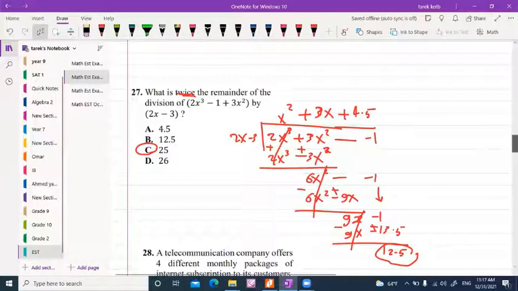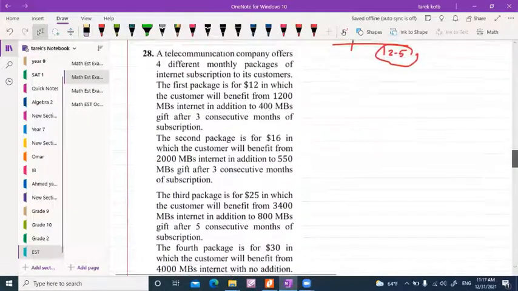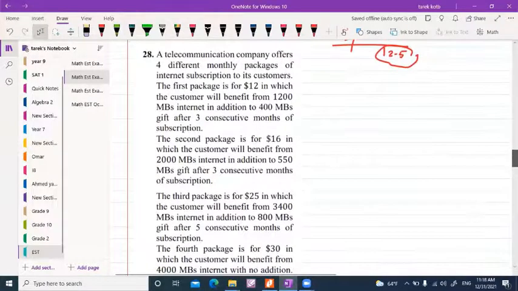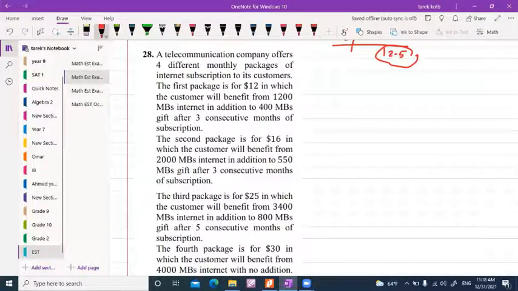28. A telecommunication company offers 4 different monthly packages of the internet subscription to its customers. The first package is for $12, in which the customer will benefit from 1,200 megabytes internet in addition to 400 megabytes gift after 3 months. So this is the first company, which is company A. You have to pay 12.